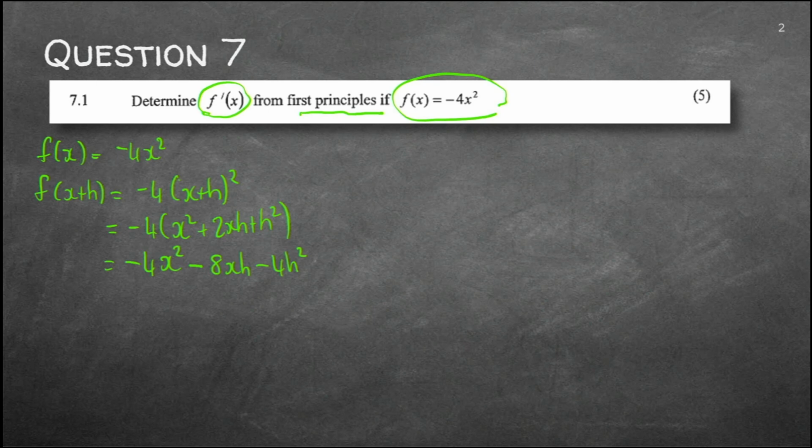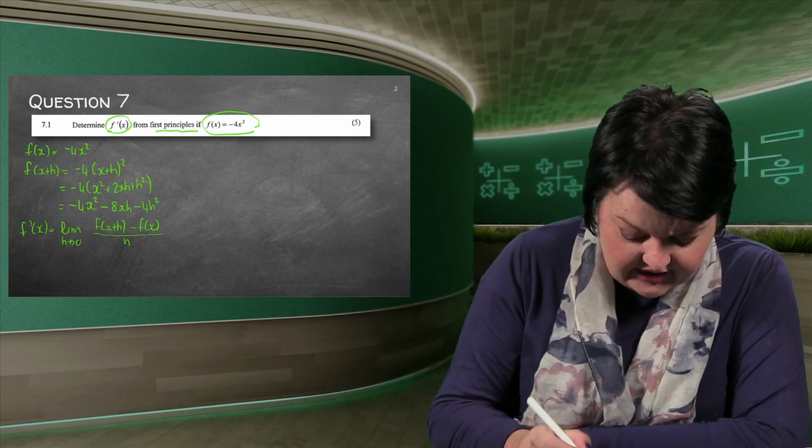So let's get going. The first derivative will be equal to the limit as h nears 0 of f(x plus h) minus f(x), all of it over h. Remember, that formula is on the formula sheet.